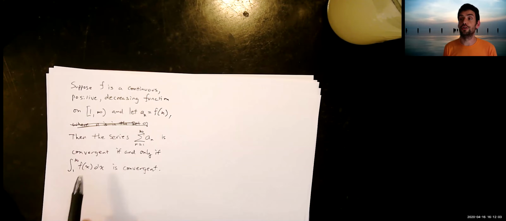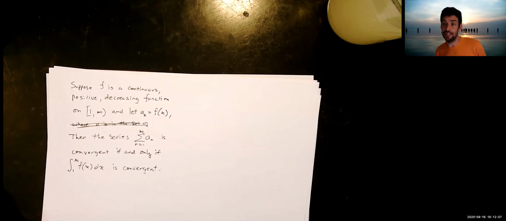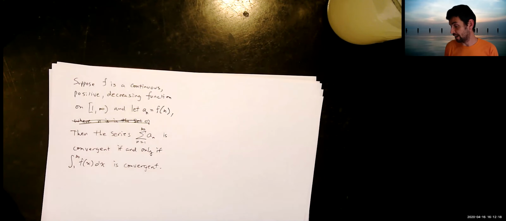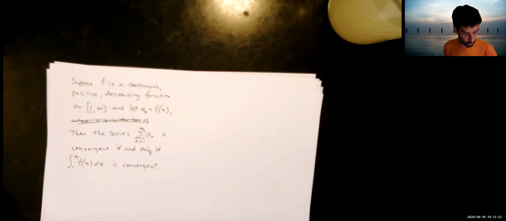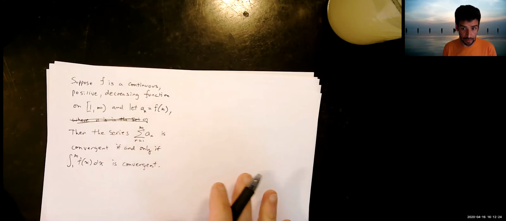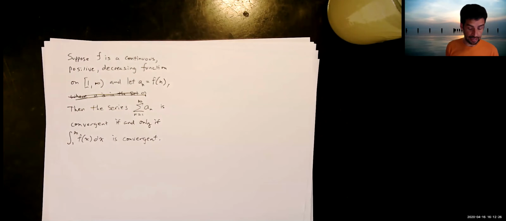Convergence of an integral means that expression, the limit as t goes to infinity of the integral from 1 to t of f of x dx, has a limit, right? And those are two different things, right? They're very related, but they are two different things. So from context, this convergence is referring to an integral. This convergence is referring to a series. But this whole test connects those two things, right?